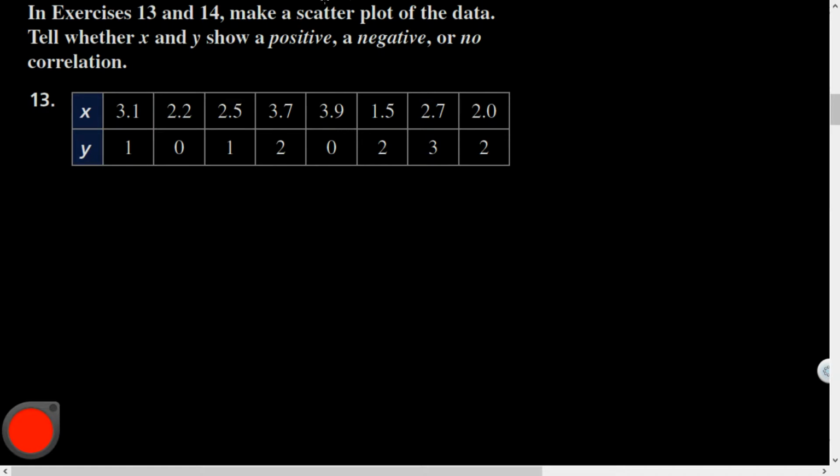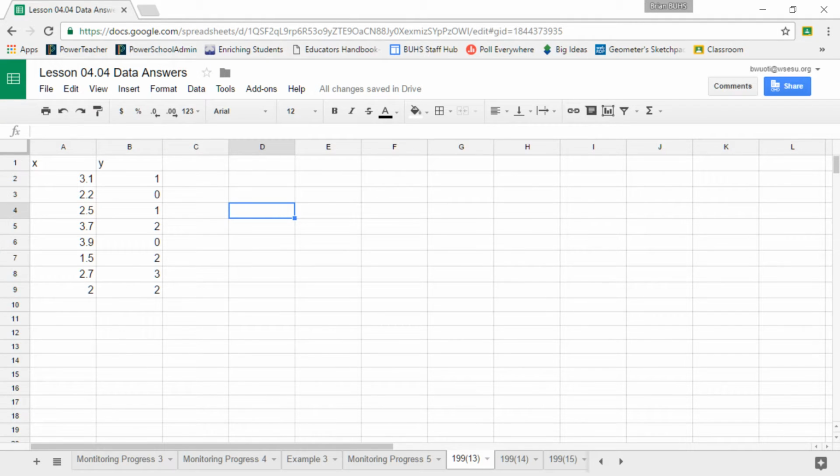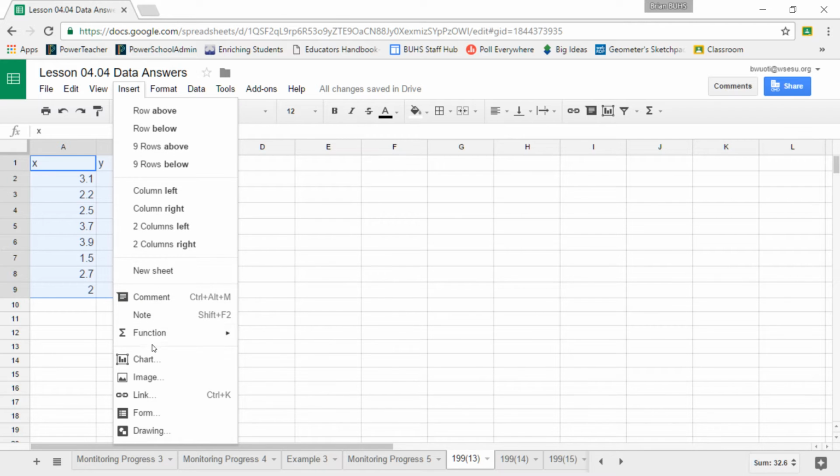So it says, make a scatter plot of the data. Tell whether X and Y show positive, negative, or no correlation. So let me switch over to my computer. Here is page 199, question 13. I'm going to select the data, right? I'm going to go to insert chart.